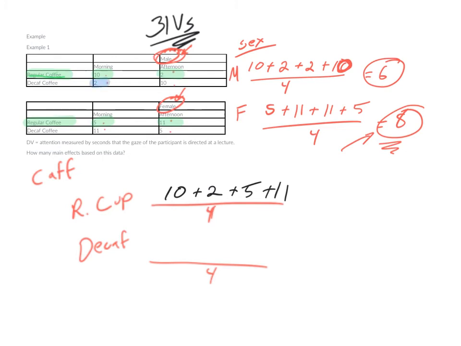And the other 4 numbers come from here, right? So decaf, now we're looking for decaf. Here's decaf. Here's 1, 2, 3, 4. This is where it came from, right? If you look at it technically, you could see, okay, this one is for male participants in the morning who had decaf. We don't care about them being male.